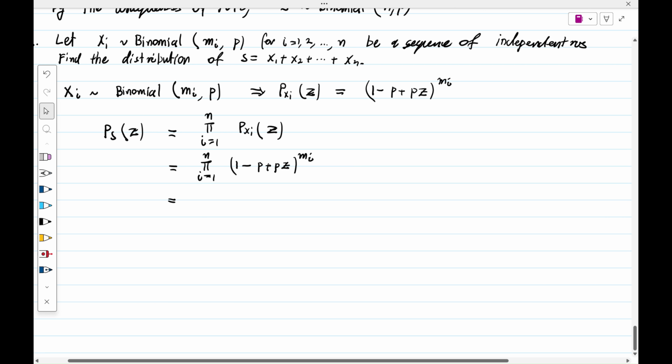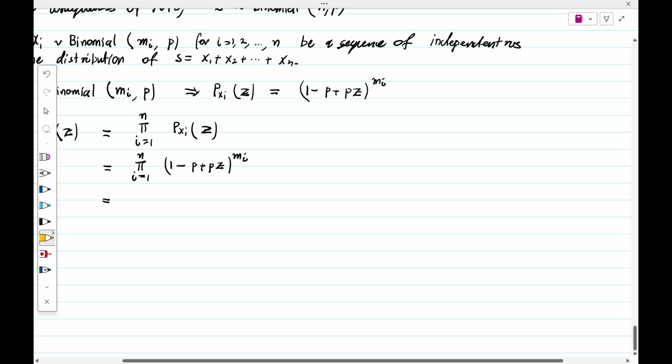Here I'll pause for an aside, because I want us to remind ourselves of a very important power rule. If you have a to the power of m, and you multiply that by a to the power of n, in other words, two items with the same base but two different powers, then this is the equivalent of a to the m plus n.